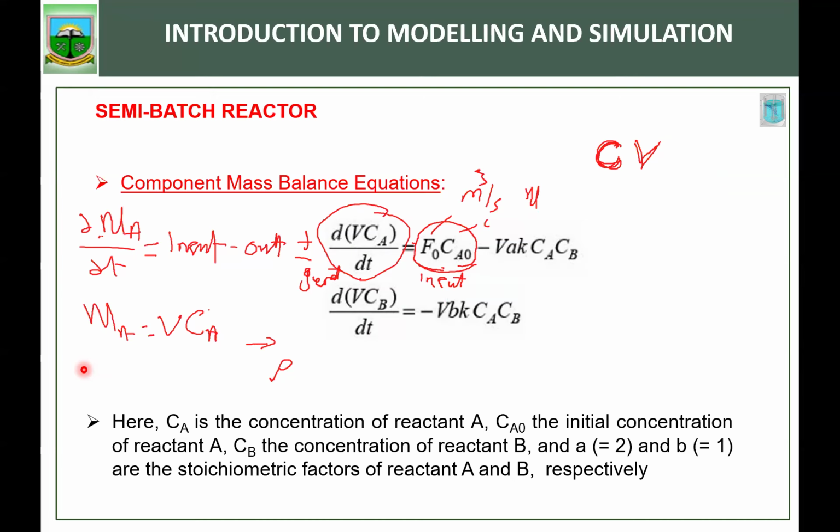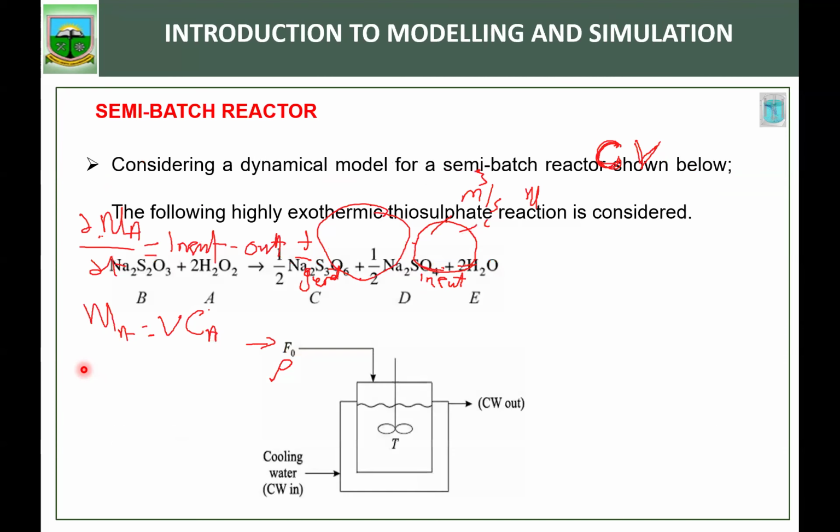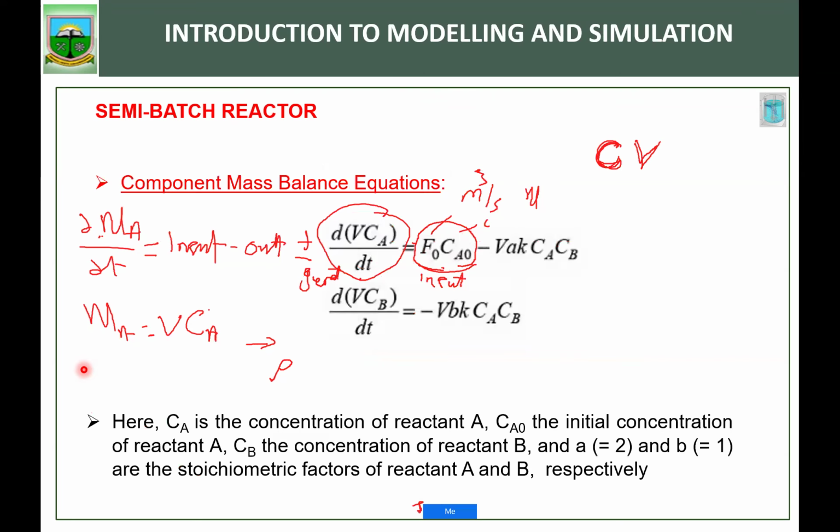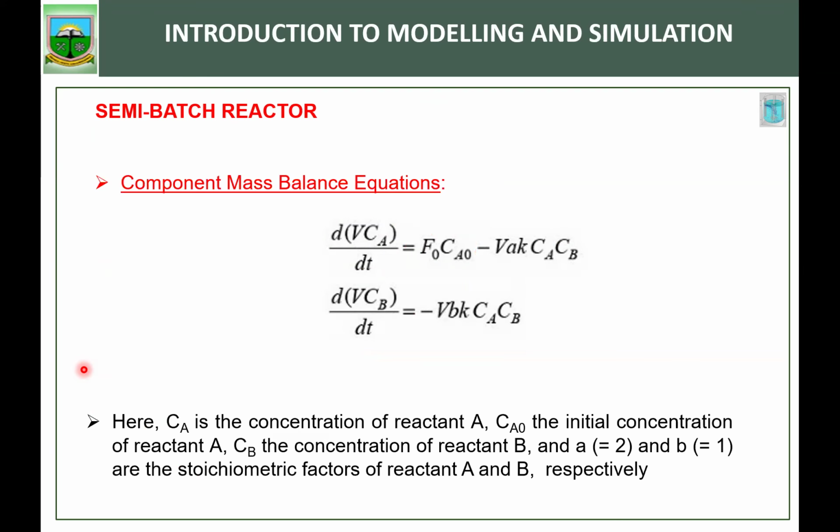Then the generation, because there's no output of A. If you look at the reactor here, there is no output of A. So the generation term now follows what? The depletion of A, so it's going to be minus. If you recall, the generation term usually is plus or minus RV.